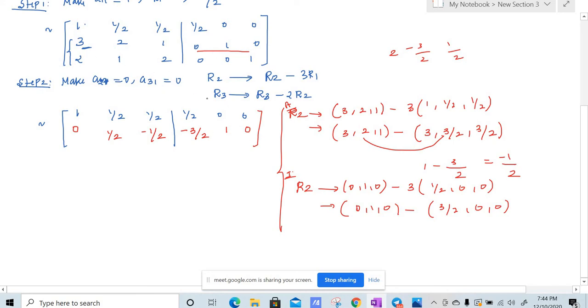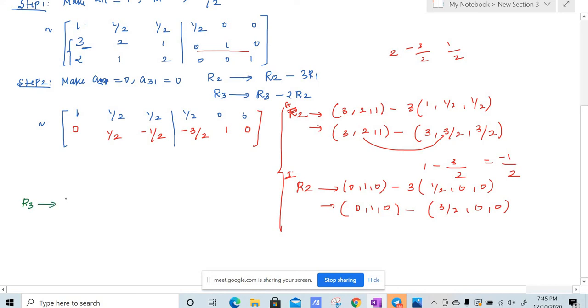Now we need to make R3 equal to R3 minus 2R2. So what we did is, R2 is equal to R2 minus 3 times R1. Yes. Now we will make R3 equal to R3 minus 2 times R1 here.